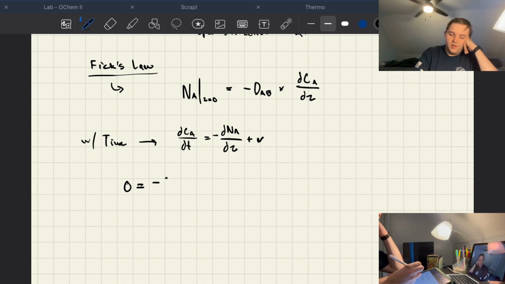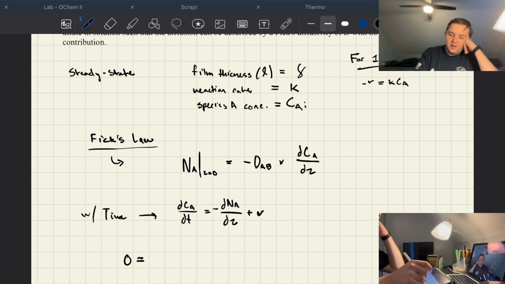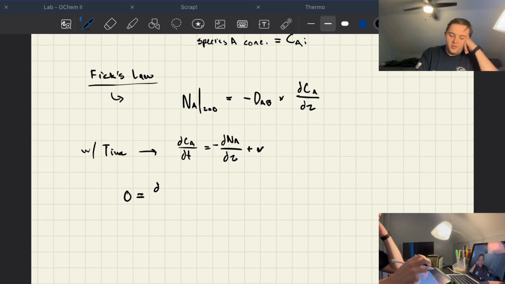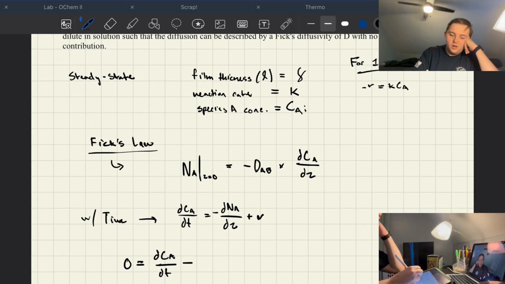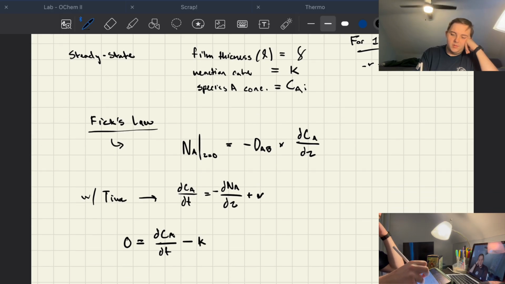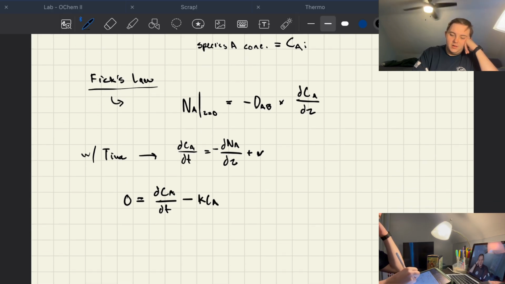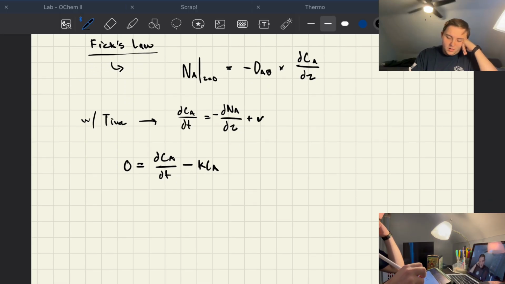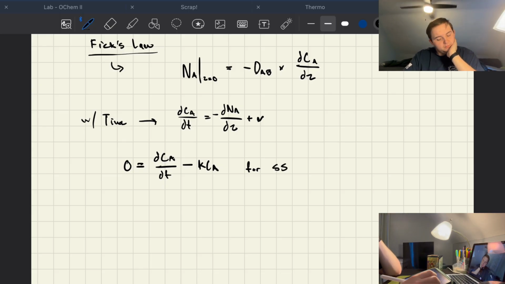So 0 is equal to negative, actually it will be positive since we're adding this negative R in. It makes the first term positive, so it's going to be dC_A over dt, minus K C_A. And this is for steady state. So that's what we have now.